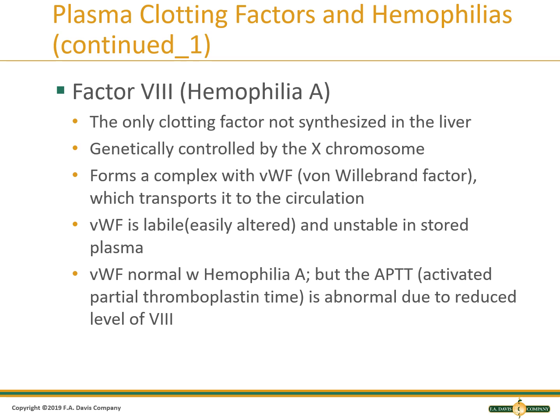The von Willebrand factor is labile, meaning it is easily altered, and because of that it is unstable in stored plasma. So the von Willebrand factor is normal with hemophilia A, but the APTT, or activated partial thromboplastin time, is abnormal due to the reduced level of the factor VIII.